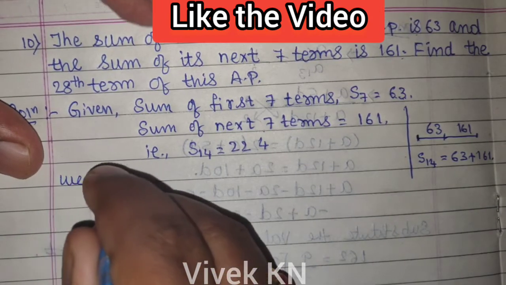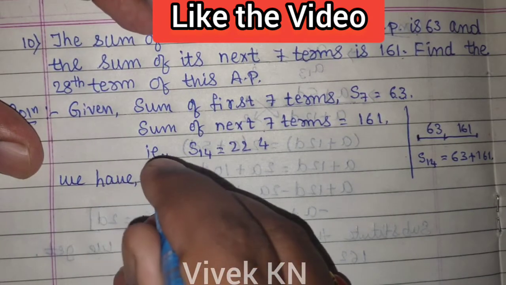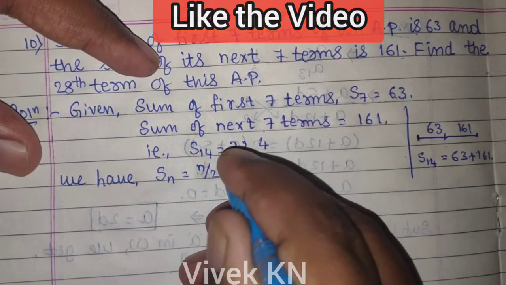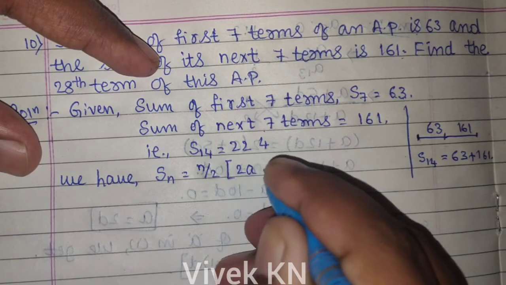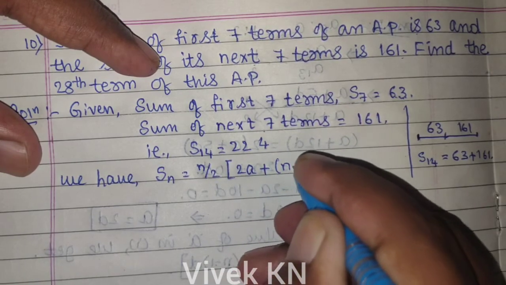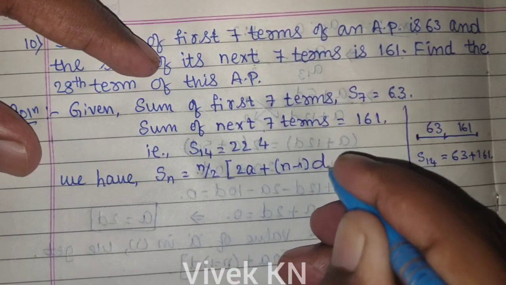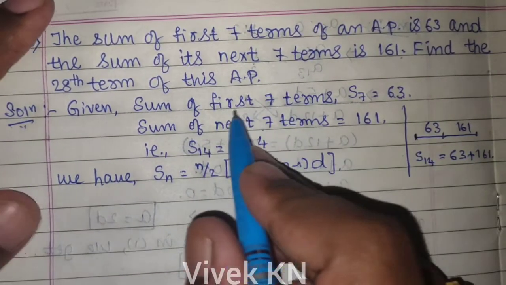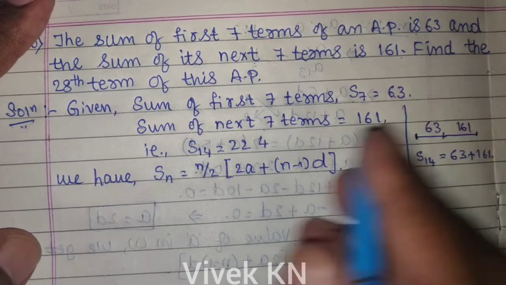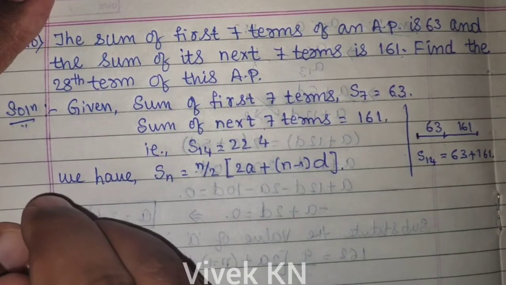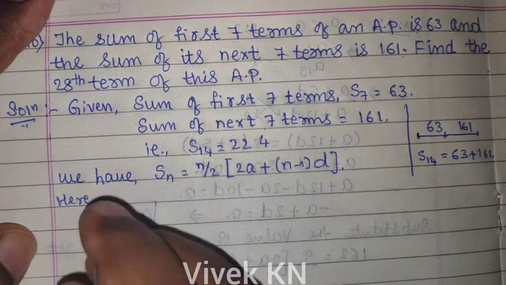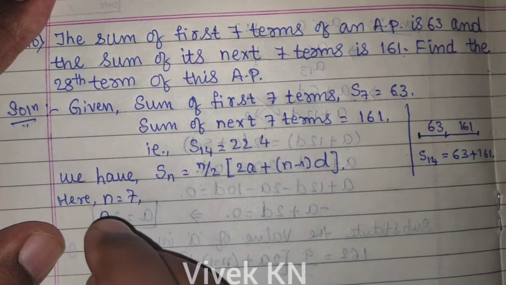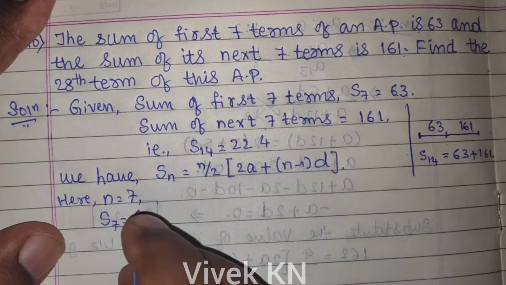So we have the sum of the first n terms, Sn is equal to n by 2 into 2a plus n minus 1 into d. First, let us substitute the sum of the first 7 terms value. Here n is equal to 7 and S7 is equal to 63.